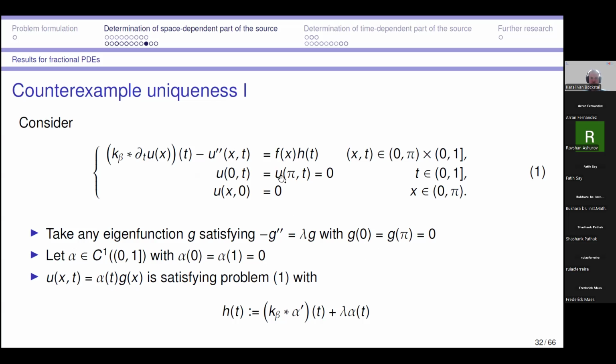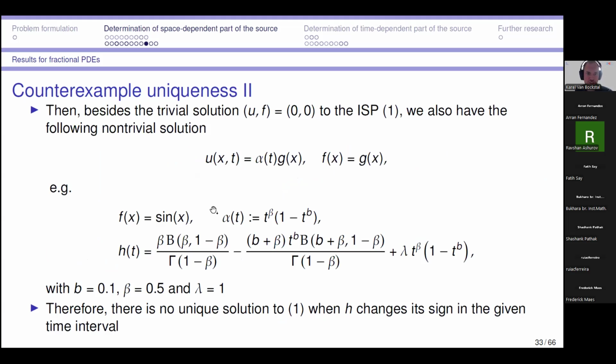So we already have that the boundary conditions are satisfied for u, and we assume that alpha(0) is equal to 1, such that the measurement, so the initial condition, is satisfied. We now need that this u satisfies the equation. We trivially see that the trivial solution is a solution to this problem. And we can also construct a non-trivial solution, which is changing sign. We have picked this alpha(t) with a parameter beta here.